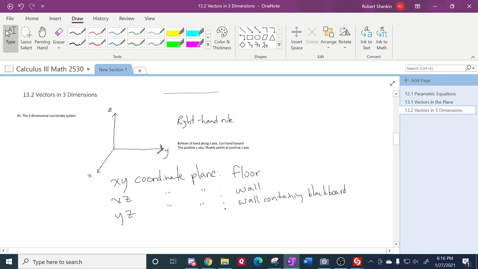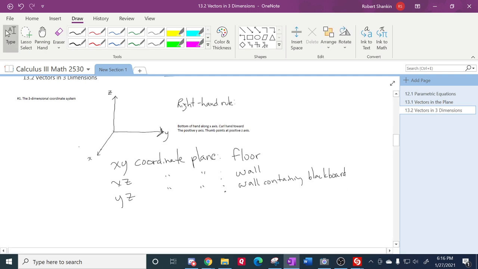And remember in 2 space, instead of 4 quadrants, we have 8. Very good, 8. And what are we going to call these things? We call them octants.